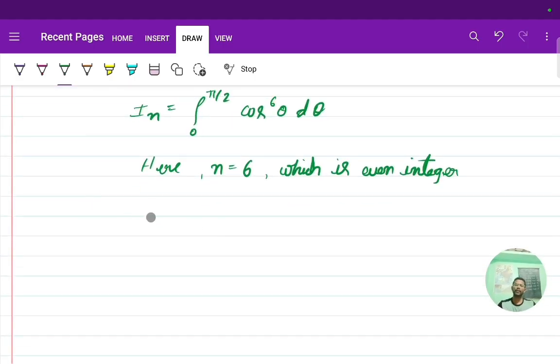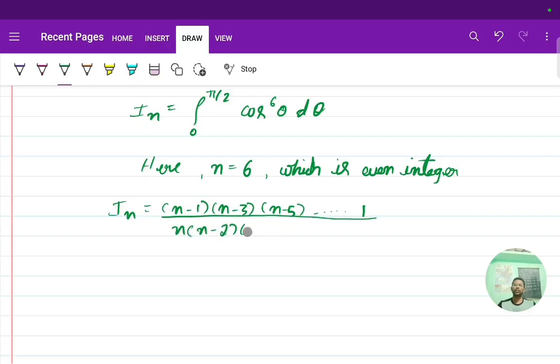Then you know the formula when n is even, right? The formula is I_n is equal to (n minus 1)(n minus 3)(n minus 5) and so on up to 1, whole divided by n(n minus 2)(n minus 4) and so on up to 2, into pi by 2.